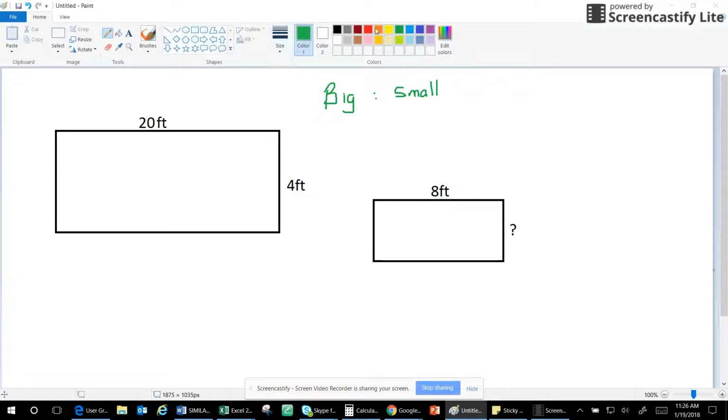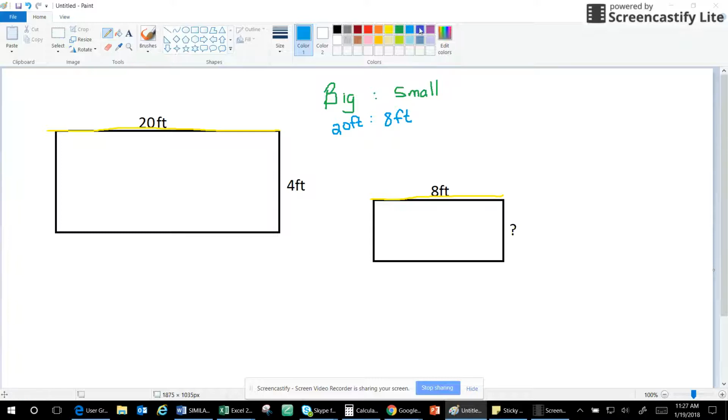Well, if I'm looking at this problem here, the length of this rectangle is 20 feet. The length of the small one is 8. That tells me that I have a ratio between these two similar rectangles of 20 feet to 8 feet. Now, what else does this tell me?